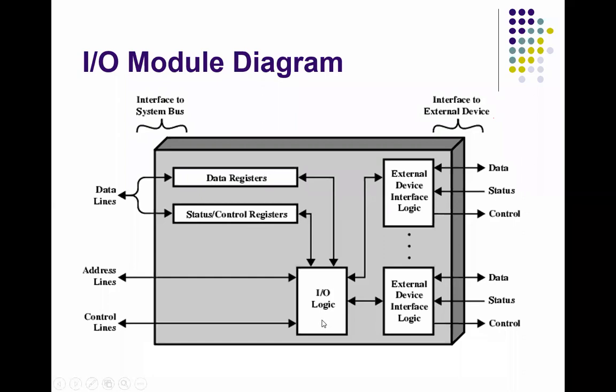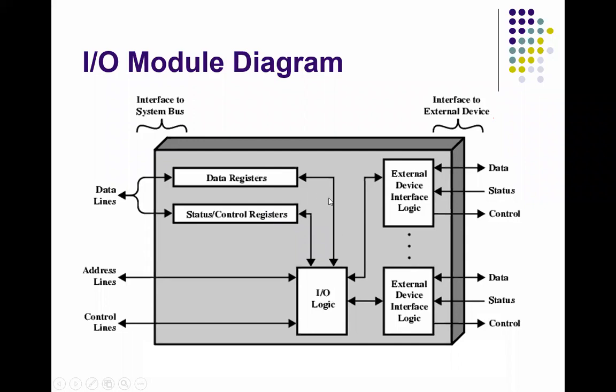It is connected with the IO logic. The IO logic handles the control line, whether this is to read data or to write data. If it is a write, the IO logic puts the data into the data register and the control register. If it is a read, the data will be read from the data register as well as the status control register. So it is a bidirectional arrow.